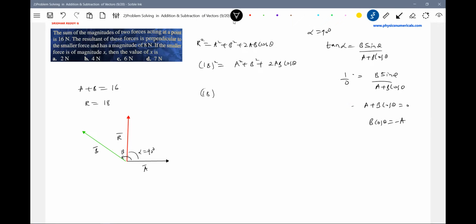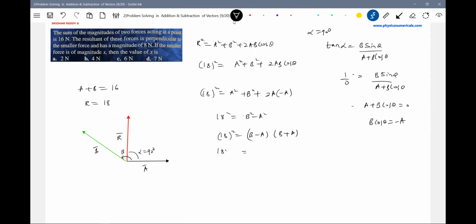Let me substitute here. So 18 square equal to A square plus B square plus 2AB cos theta, where B cos theta is minus A. So this will become B square minus A square. So 18 square equals B square minus A square, which you can write as B minus A into B plus A. B plus A is 16.